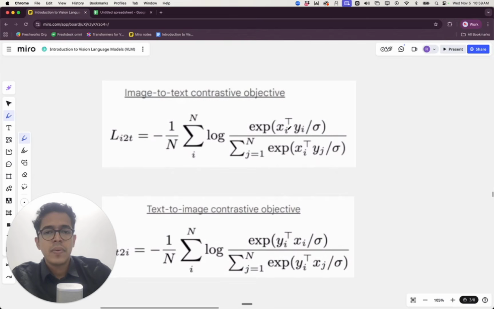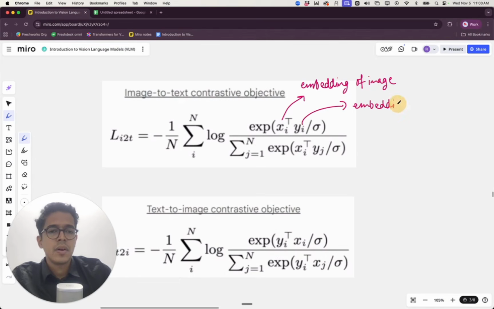Exponent of xi transpose yi is the dot product between xi and yi. So this is the embedding of the image, this is the embedding of the text, and this is the temperature.